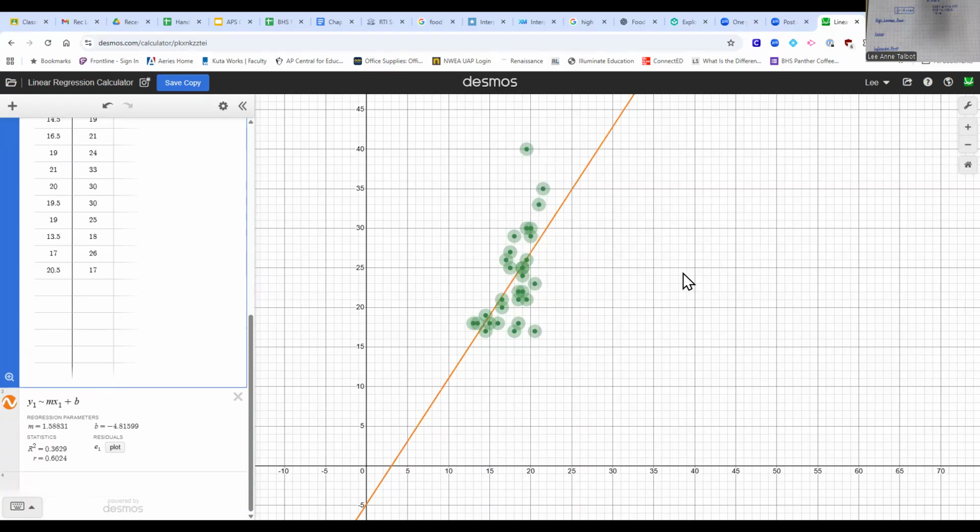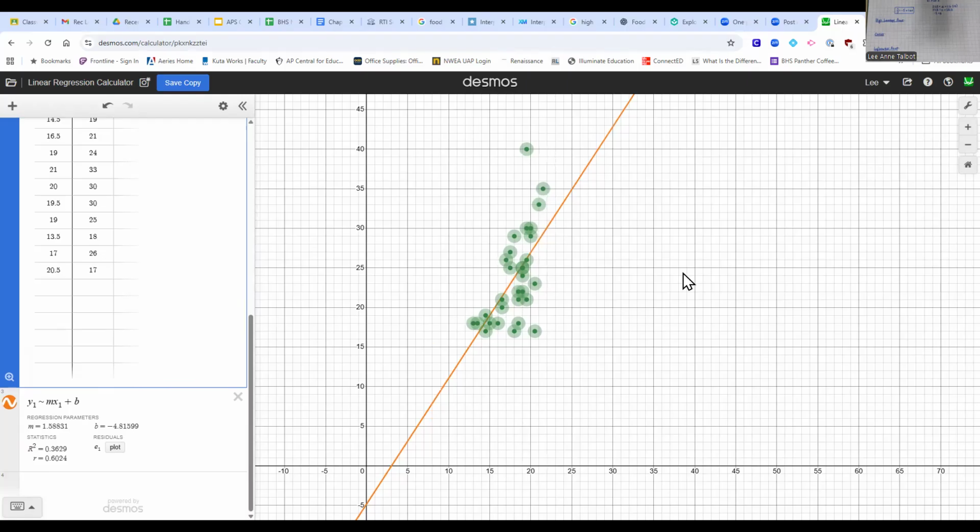Okay, anyway, if you're at home and fancy a scatter plot and you don't feel like digging your TI-84 out of your briefcase, you could use Desmos. This, however, is a very specific one. I Googled Desmos linear regression calculator, not just the regular Desmos calculator.